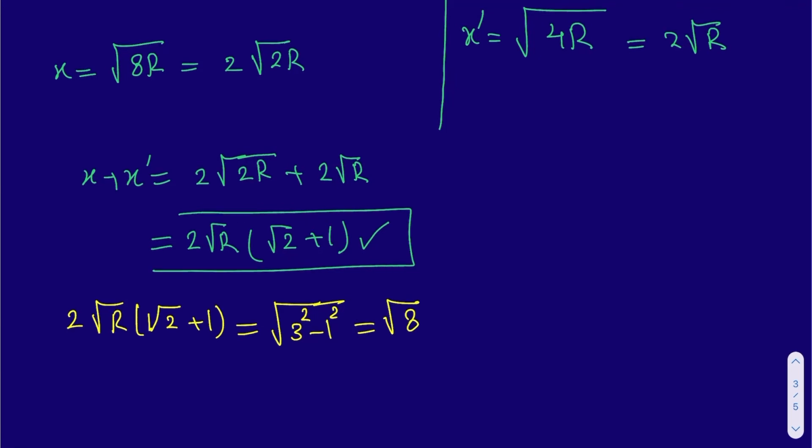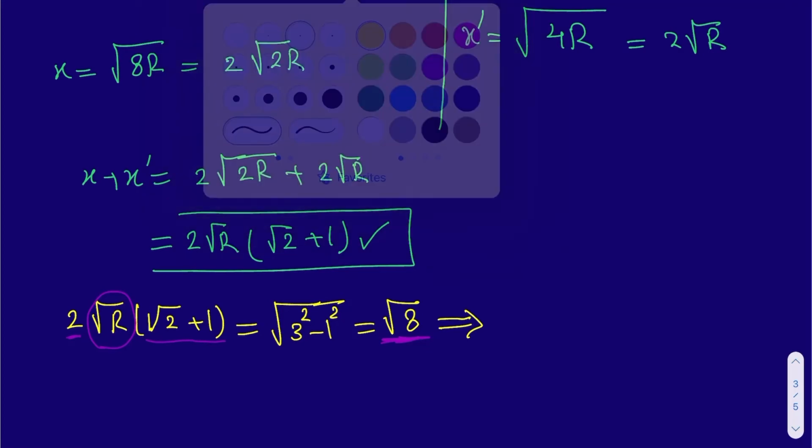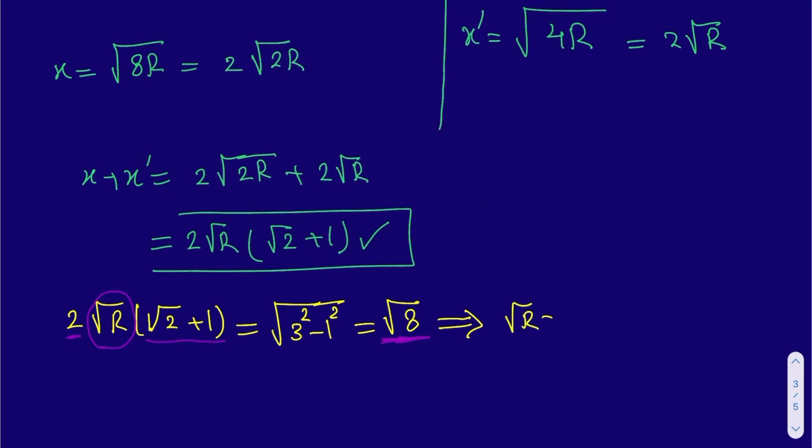And now I can conclude that for square root of r, I need to divide this side of the equation by the coefficient of the r. So I will write the square root of r will be equal to square root of 8 divided by 2 times square root of 2 plus 1.